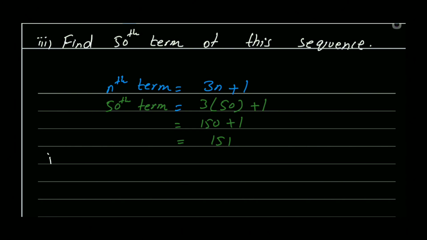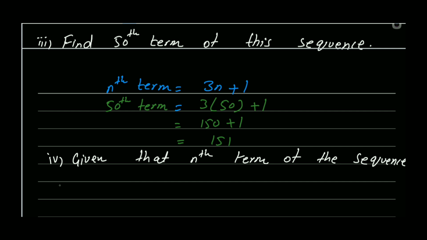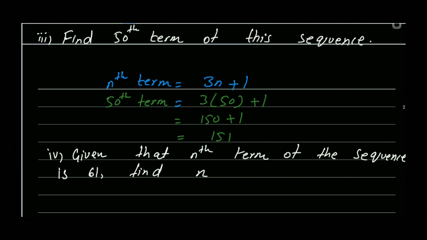Okay, fourth part. What can be the fourth part? Given that nth term of the sequence is 61, find n.